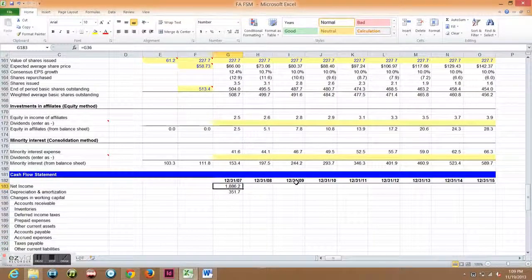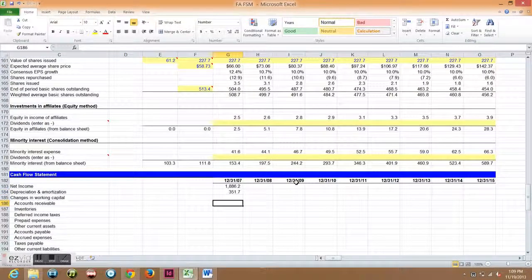Well, first let me start with net income. Net income is going to be a cash inflow, right? This is the money that's coming in. That's why this is a positive number. Depreciation and amortization is a non-cash expense. That means we're not really paying any cash out. So what happened is that we said there was a cash outflow when there was no cash outflow to begin with. So we have to add this back in.